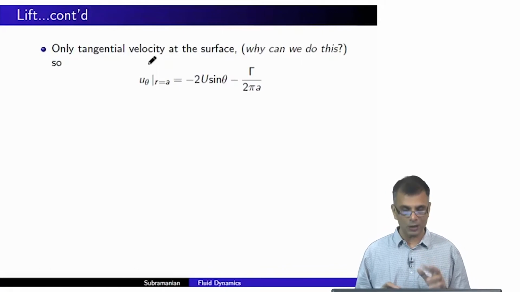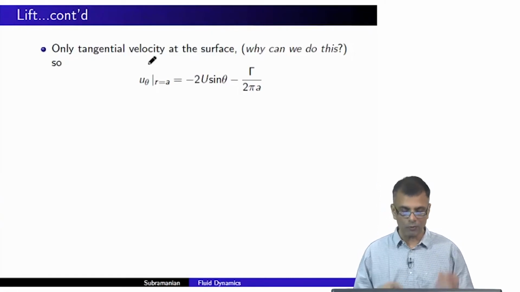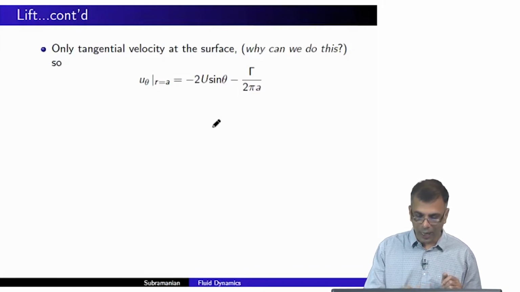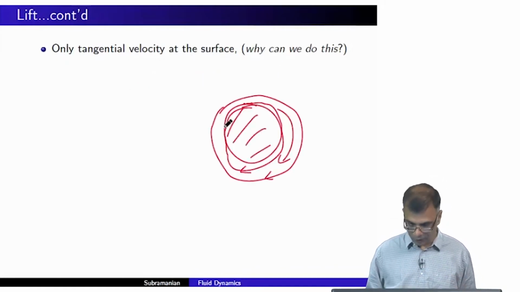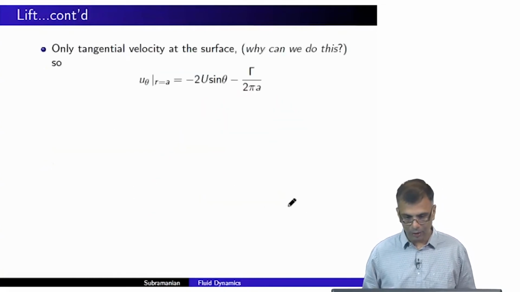Both the components of velocity vanish for viscous flow at the surface. But here we are looking at the mathematics of a potential flow in which tangential velocity is allowed, and so for the tangential velocity at the surface, you simply put r equals a in this solution, and you get this. Okay, so that's what you get.